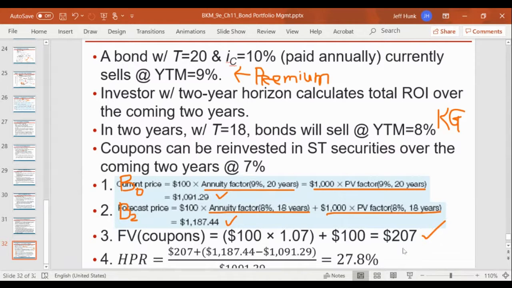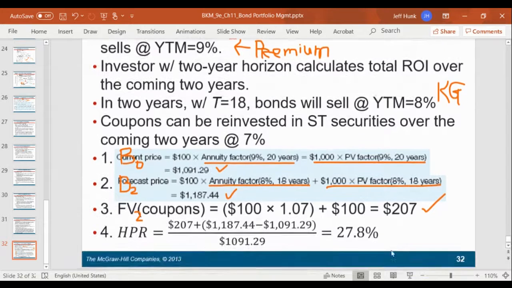So the future value of coupons in year 2 will be 207. Your total proceeds will be 207 plus capital gains.